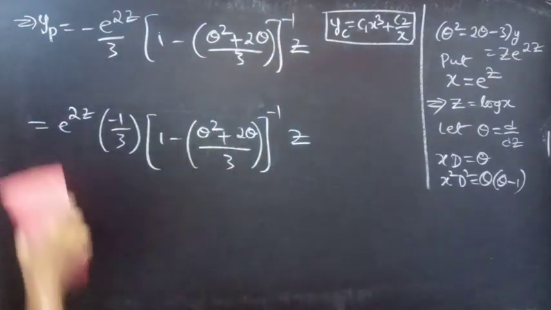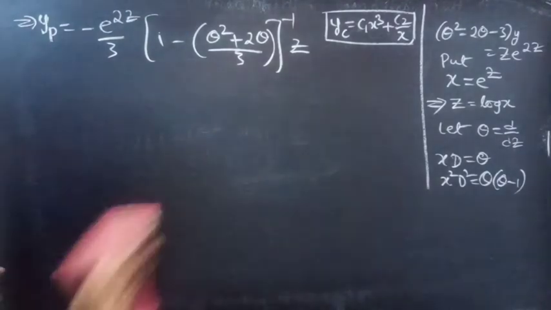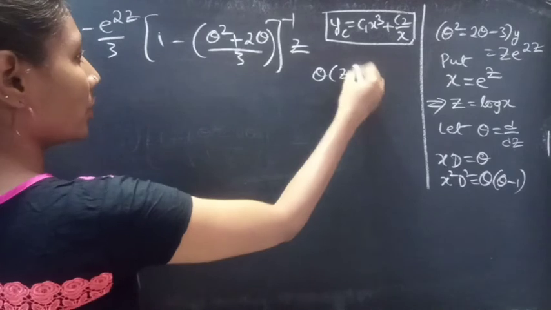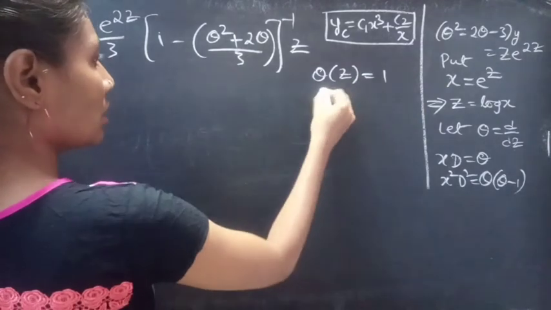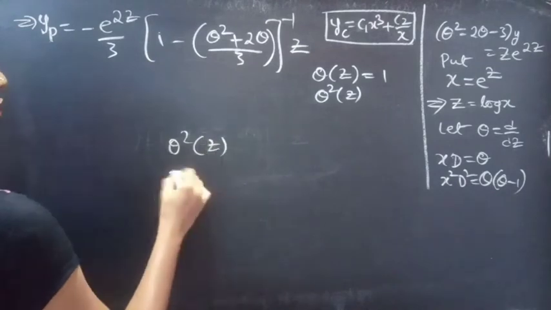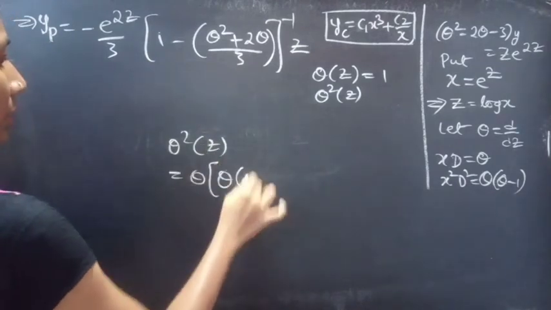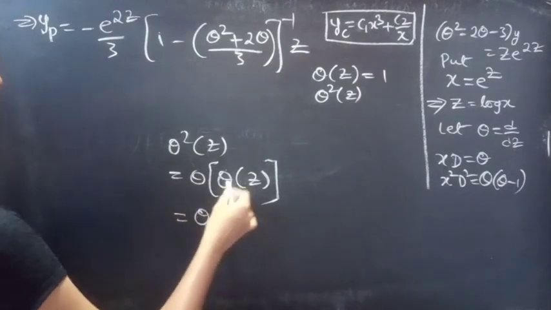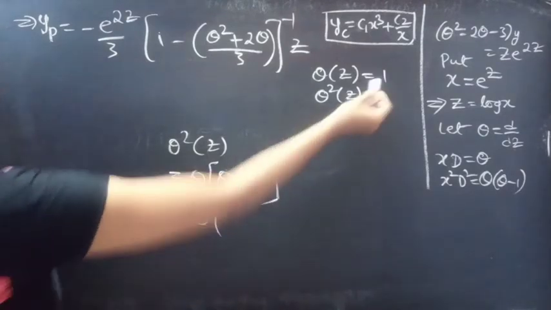Now let's find derivatives of z. Theta of z, the derivative of z with respect to z, is 1. Theta square of z we can write as theta of theta z, which equals theta of 1, since theta of z is 1.